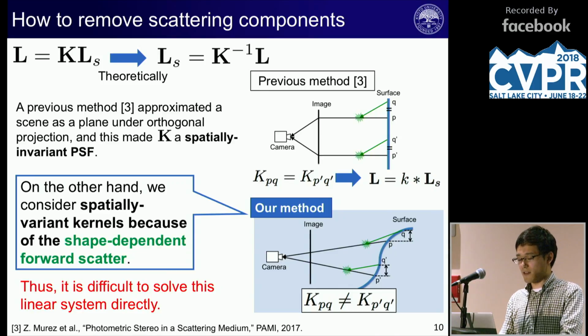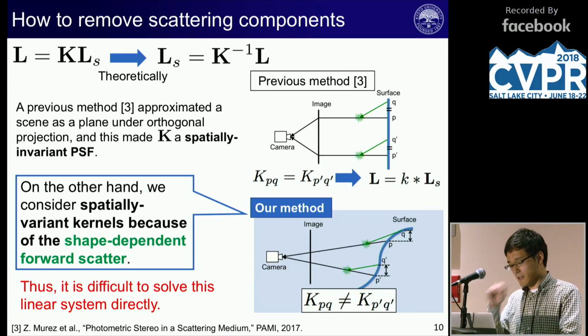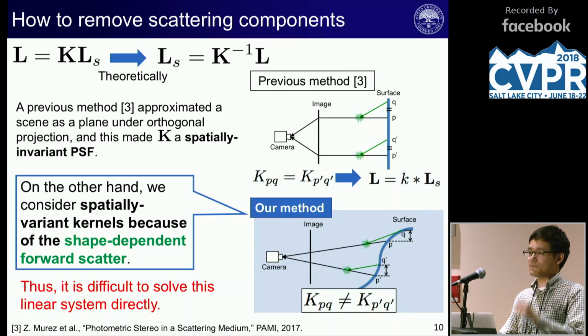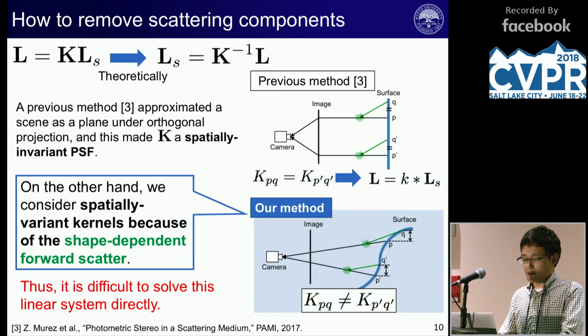A previous method approximates the object as a plane under orthogonal projection, and this made K a spatially invariant point spread function. So in this case, this linear system can be solved efficiently using a Fourier transform.